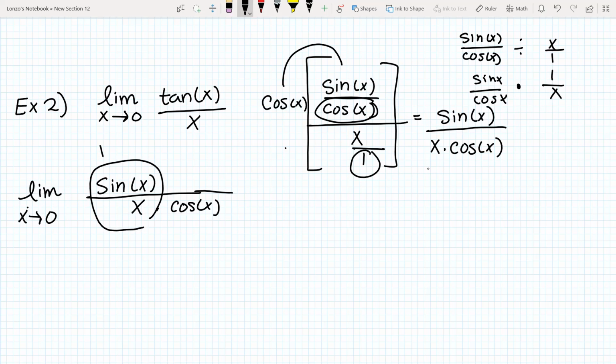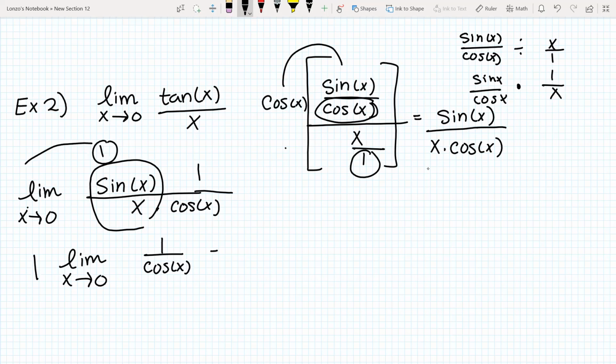So this is a number, so you could put it outside the limit. So you could say 1, and then the limit as x approaches 0, and then you're left with 1 over cosine of x.